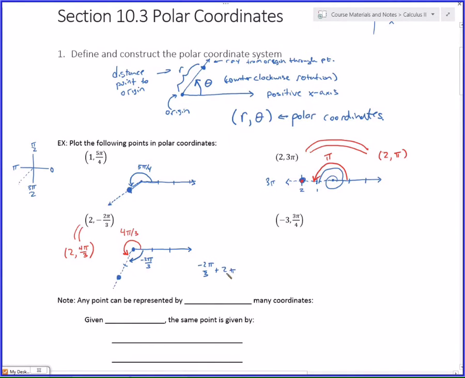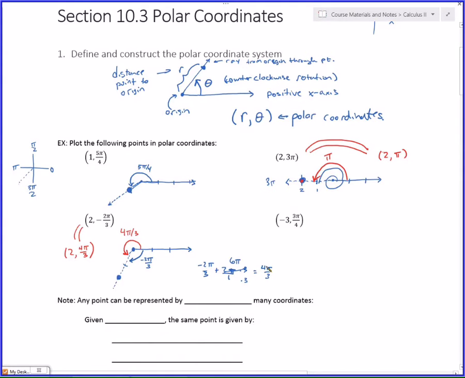Because 2 pi, if I wanted to find a common denominator to add these two things together, I'd have to do 3 over 3 to get a common denominator. And so that's actually 6 pi over 3 plus negative 2 pi over 3, which is 4 pi over 3.